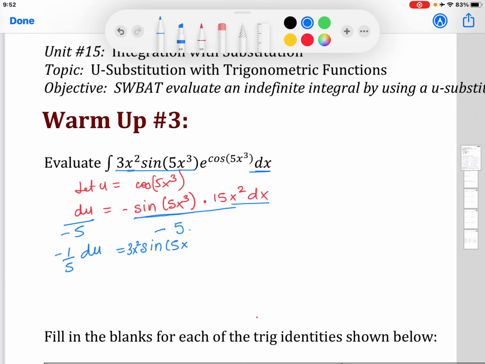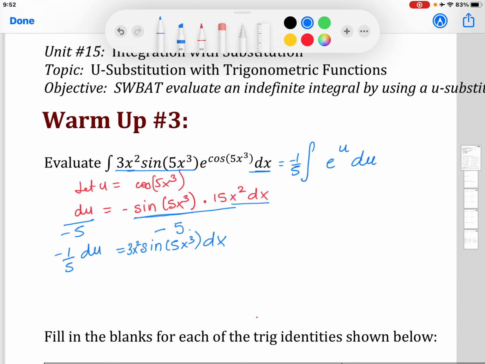sine 5x cubed dx. Yes, so now all I'm going to do is set up my integral in terms of u. That's my goal, to make this integral look very doable, very easy, right? So I'm going to factor out the negative 1/5, and I'm going to write e to the cosine 5x cubed, which is u, and that would be du.